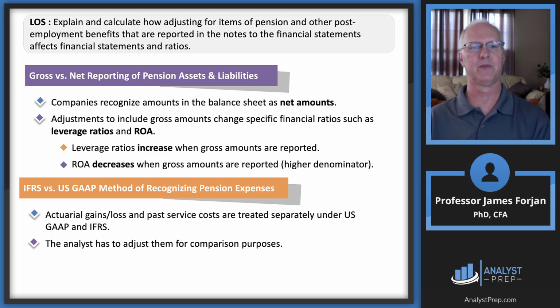All right, how about the difference between gross and net reporting? Companies recognize the amounts on the balance sheets as net amounts. But if we're going to, as good financial analysts, adjust these, we should probably go back to the gross amounts because they're going to impact lots and lots of ratios, but mostly return on assets and leverage ratios.